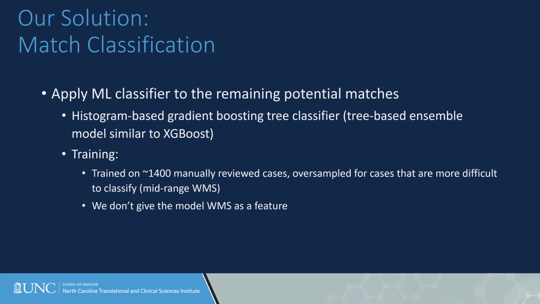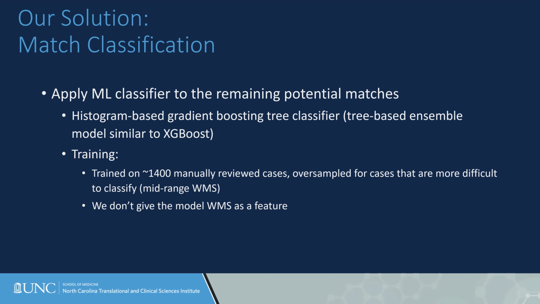Those are the decisions we've made in building the weighted match score, and there's no reason that we need to build those subjective decisions into the model. So that's another reason.